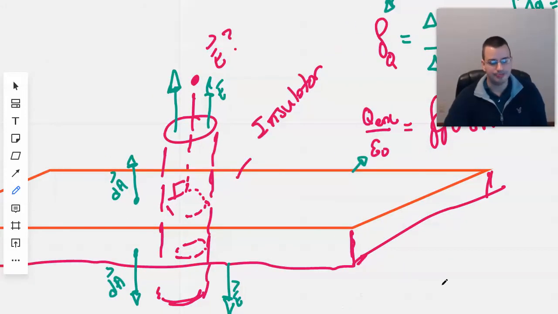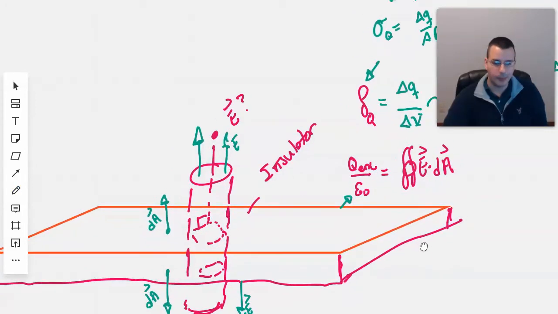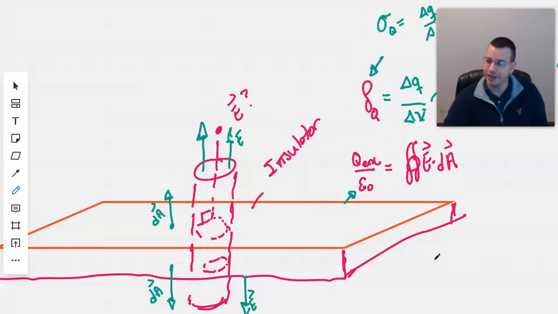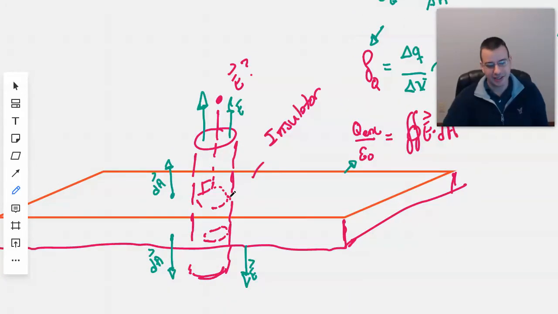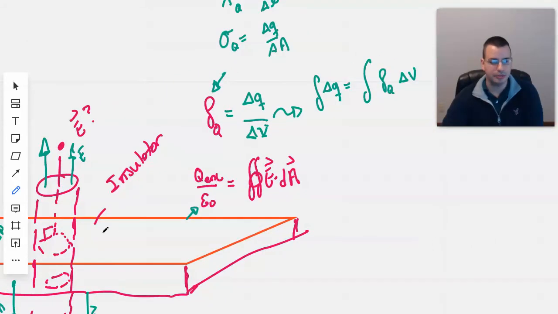I am sort of vague. You could say that it's from the top of the plane to the bottom of the plane, or from the top of the Gaussian shape to the bottom of the Gaussian shape. It doesn't really matter, because I'm basically going to take it over the entire interval.